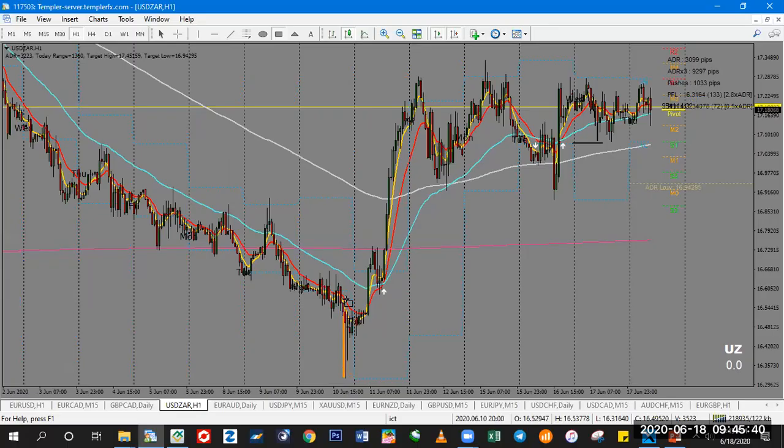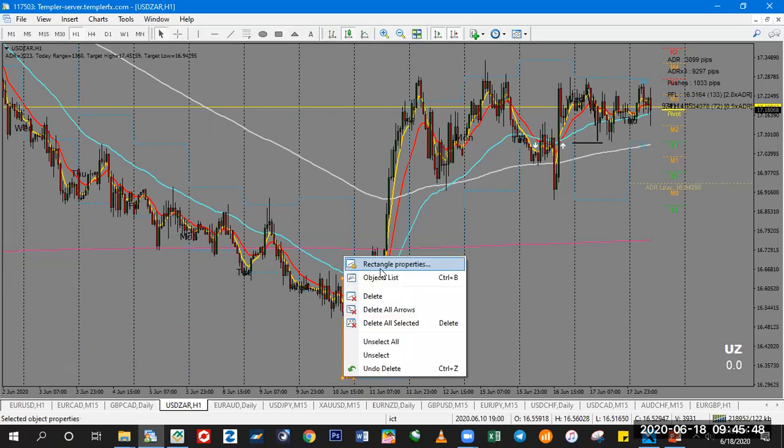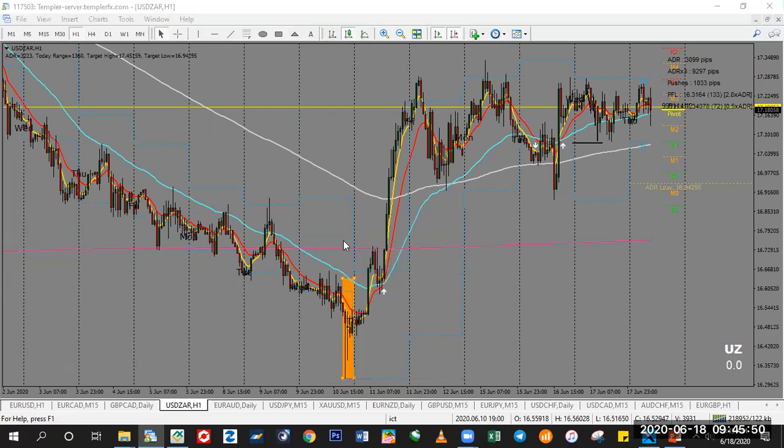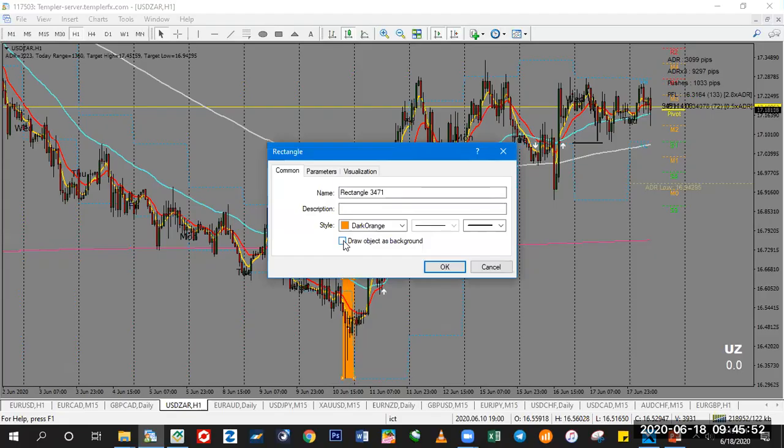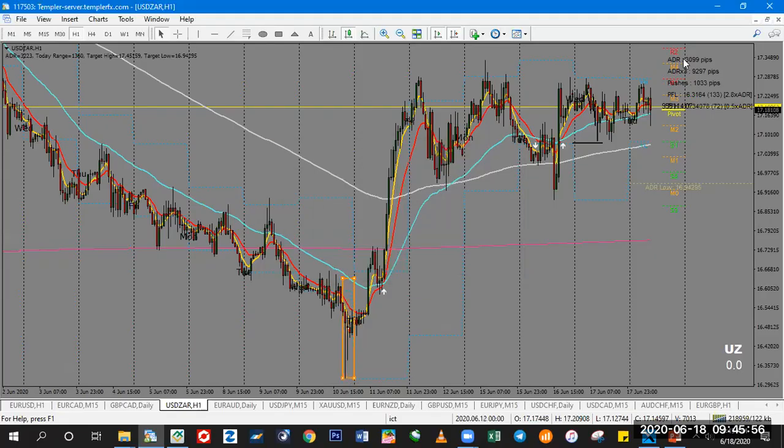So you take the rectangle tool and the properties for this rectangle should uncheck this box, and now our ADR times 1 is around 3099. So as I move this box, I find that the numbers showing there is 3789.8.